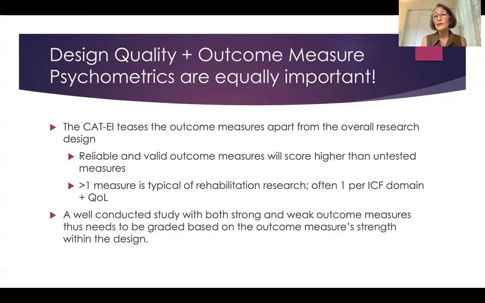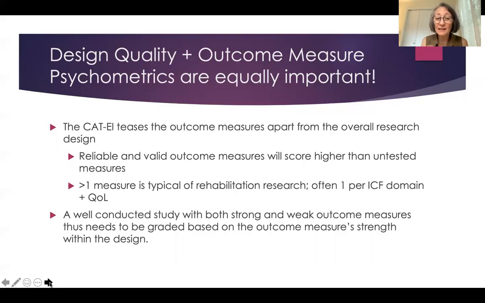And that's why the earlier Center for Evidence-Based Medicine Levels of Evidence, which is based on medical studies and pharmacological studies with a very clear dichotomous outcome, didn't maybe need to account for multiple outcome measures. In rehab, we need to think about multiple outcome measures and separately assessing each of those.